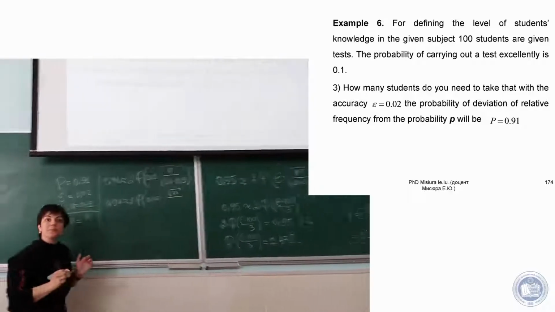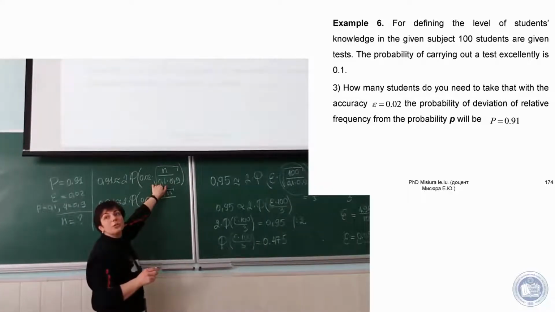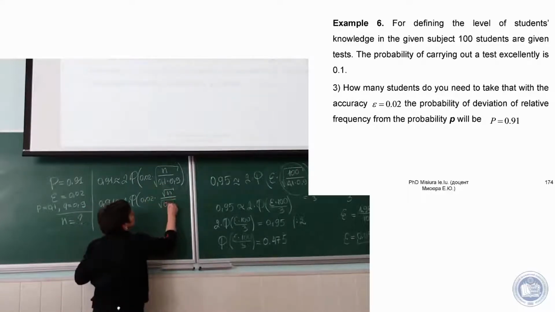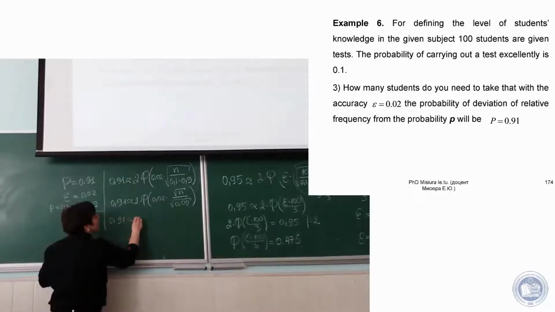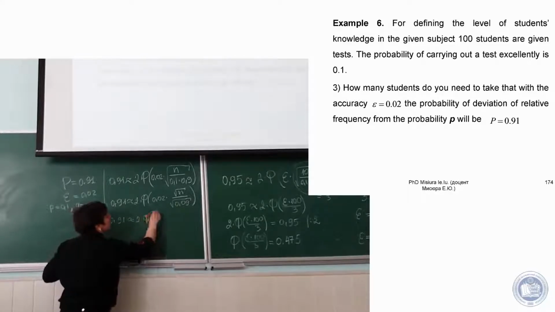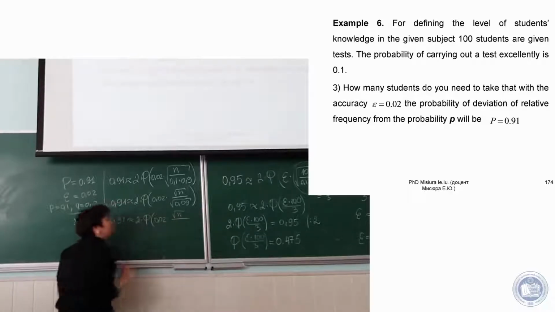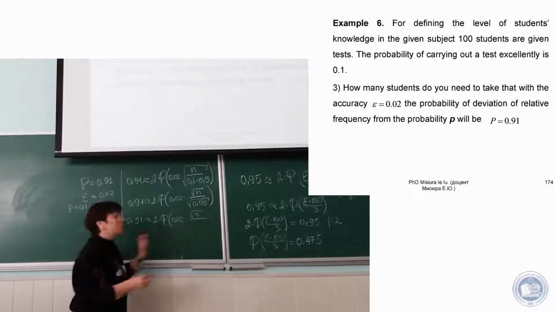Do you agree? Okay, students, let's remember 0.1 times 0.9. What is it? 0.09. We have root of 0.09. Okay, let's continue. 0.91 approximately equals 2 times phi of 0.02 times root of n divided by 0.3.